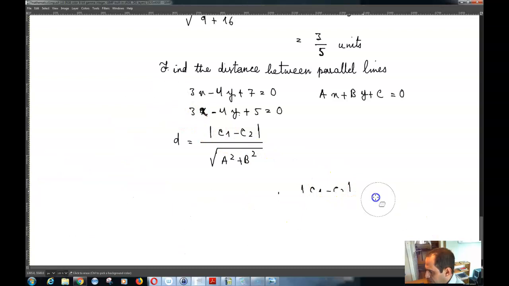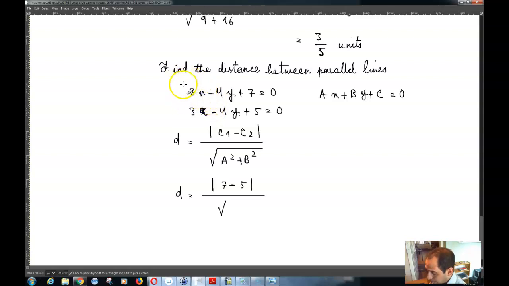So basically d is equal to this. Now you can write your d as c1 minus c2, so you can take this as C1 and C2, which is the absolute value of 7 minus 5, over the square root of a squared plus b squared.